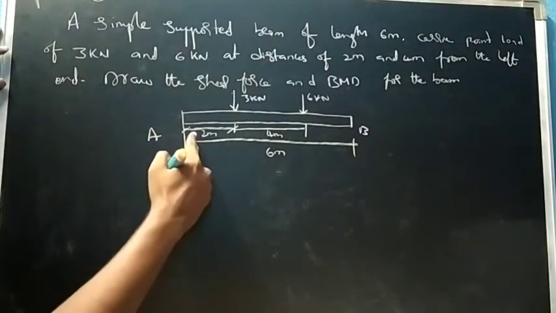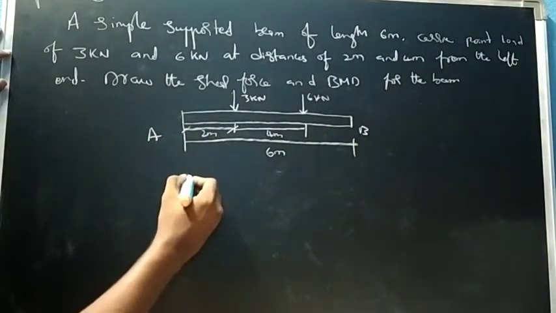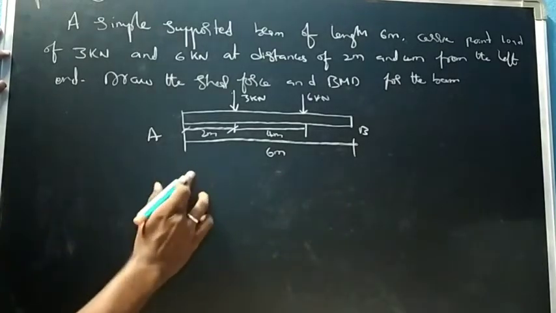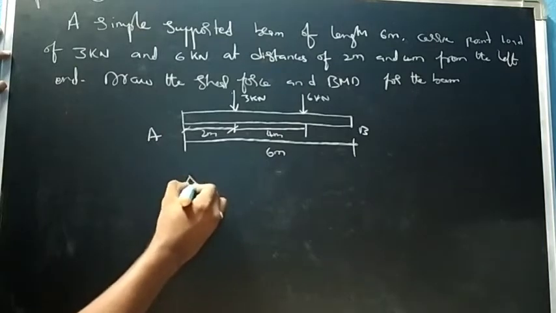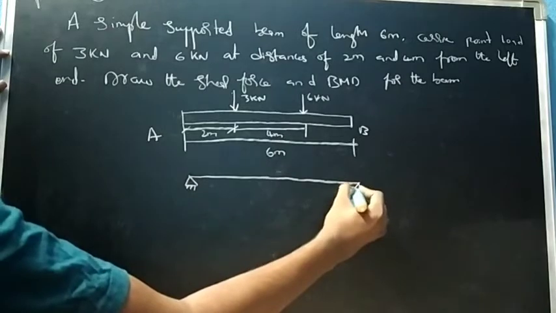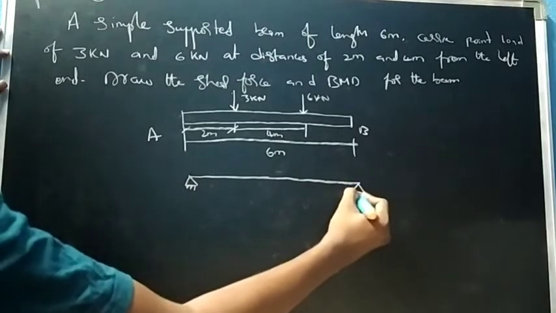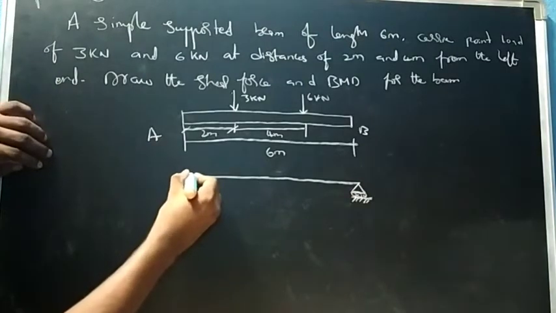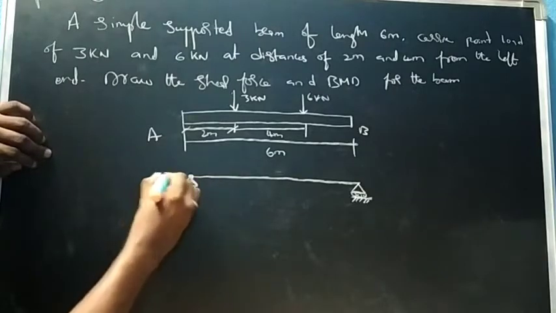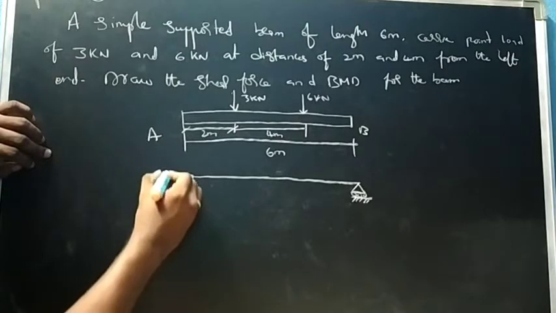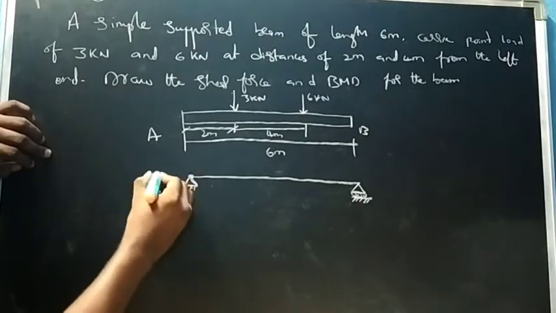We know the simply supported beam is supported by a hinge on one side and a roller on the other side. At point A it is a hinged support. That means there will be a horizontal reaction as well as a vertical reaction, right?